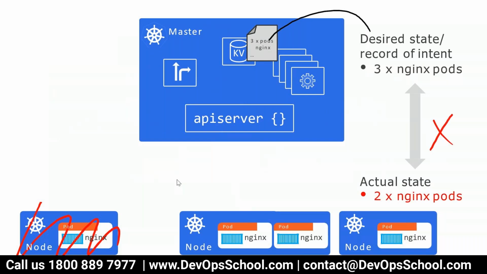And now one extra pod is running in the worker node, and that is how the desire and the actual are matched. All the components of Kubernetes are working in sync to match your desire. Are you understanding? Yeah. And then, everything is done.